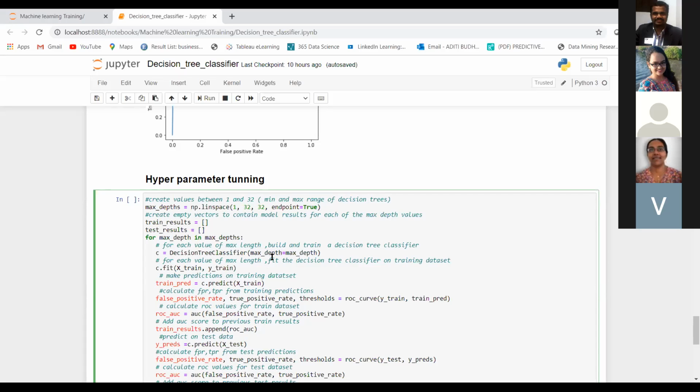There will be no limit until it has reached the very last stage. This decision tree could go to a very granular level, so that it will be able to predict the training data set very precisely.